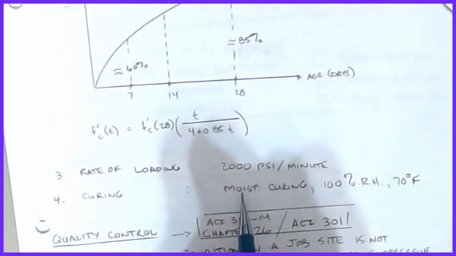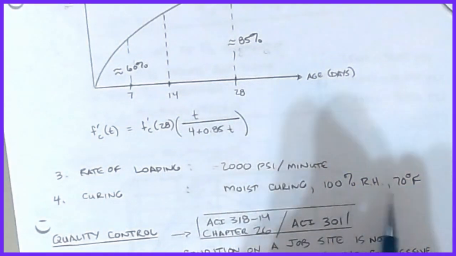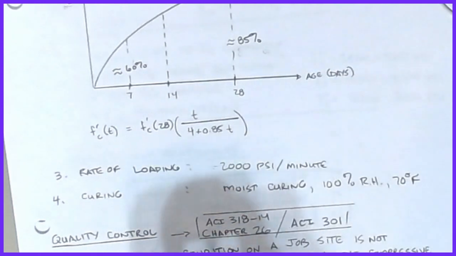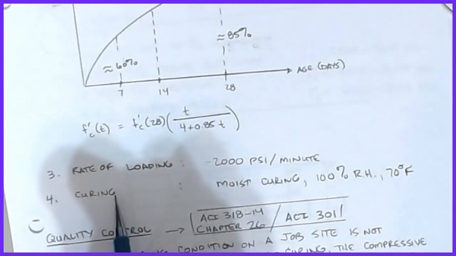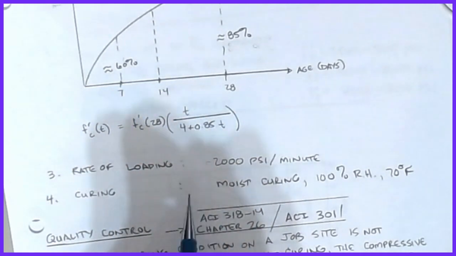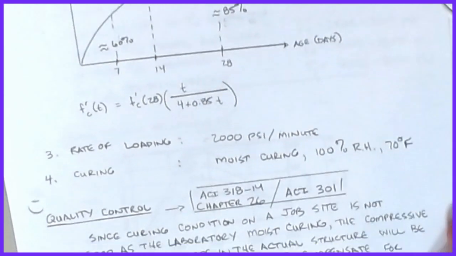This helps prevent the shrinkage. It's basically 100% relative humidity, and the curing conditions should be about 70 degrees Fahrenheit. A lot of times with moist curing, we'll get the initial set, and then we can submerge the cylinders in some sort of water bath, and that will ensure 100% humidity and will reduce the shrinkage amounts in our cylinders.